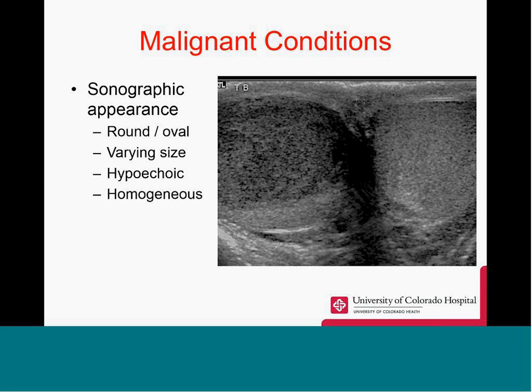Here on ultrasound, you're going to see a round or oval hypoechoic mass, varying size. They can be small or large. They can become necrotic and appear partially cystic as well.